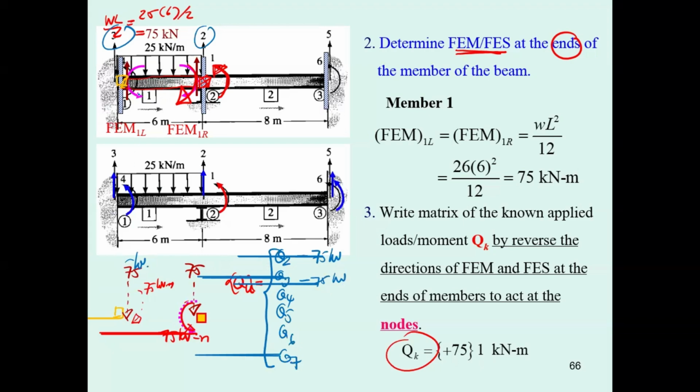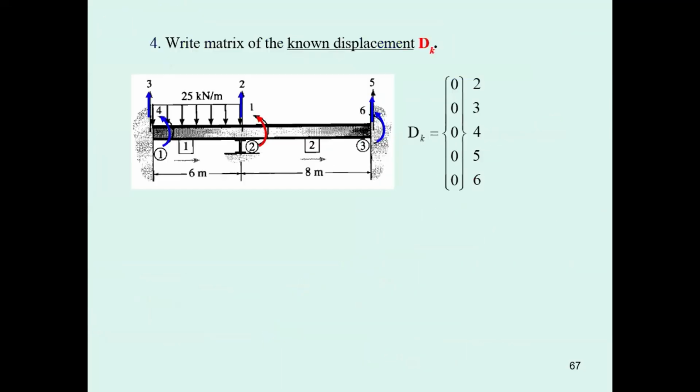And then this rotation produces this kind of rotation, opposite to degree of freedom number 2, but it is going to be 75 kilonewton meter. So keep this one as your capital Q sub U, and we will determine all of these reactions later.